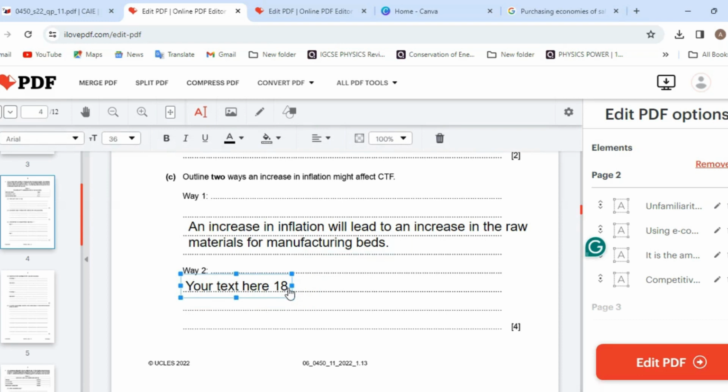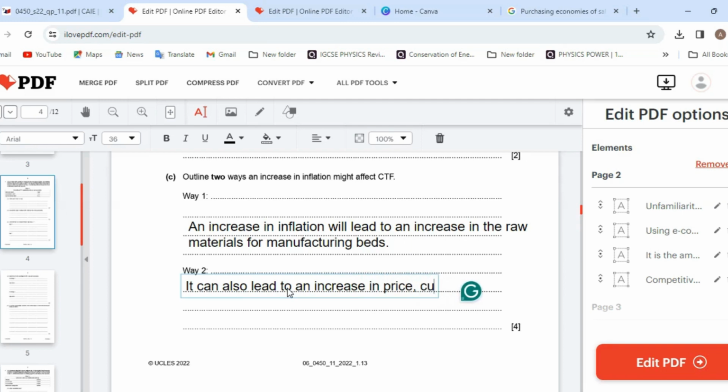And also prices may have to increase. It can also lead to an increase in price, but you cannot leave it like this.